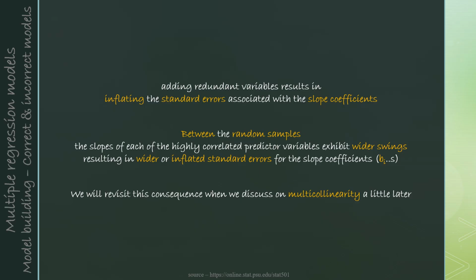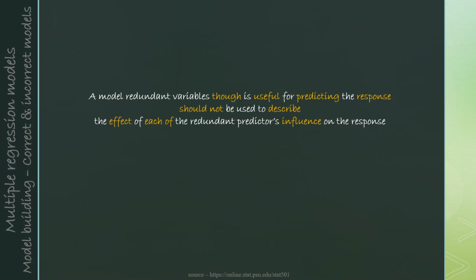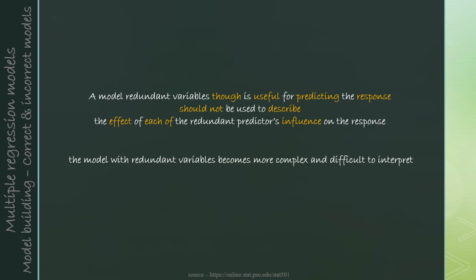We will revisit this consequence when we discuss multicollinearity a little later. A model with redundant variables, though useful for predicting the response, should not be used to describe the effect of each of the redundant predictors' influence on the response. Like in the case of a model with extraneous variables, the model with redundant variables becomes more complex and difficult to interpret.